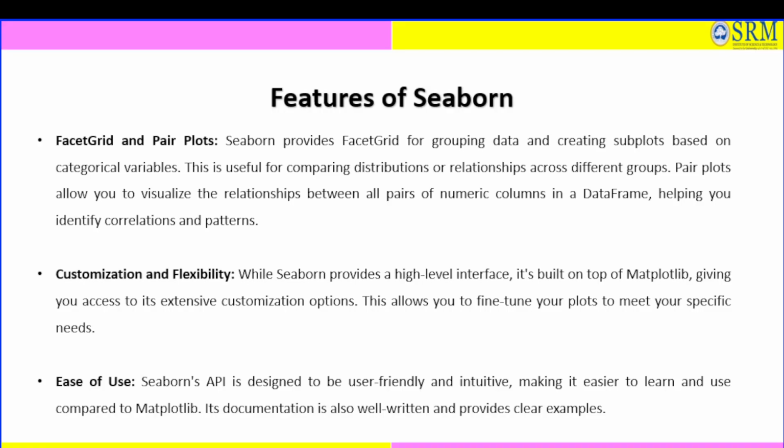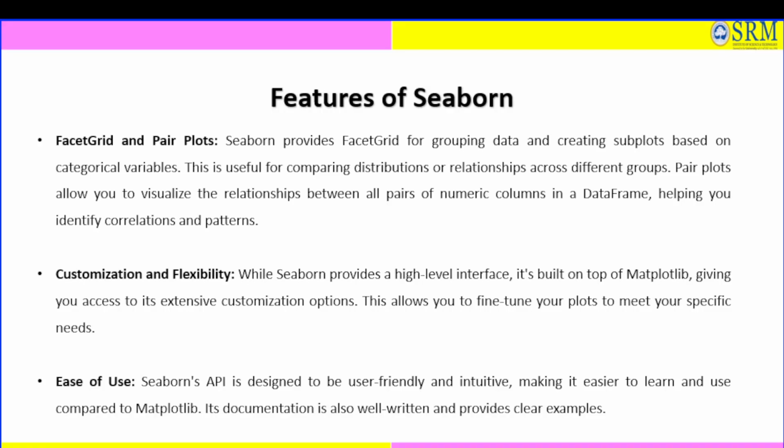We can find out the relationship, and to compare the distributions, we can go for these kinds of plots. Pair plots, as I said, help us visualize the relationship between all pairs of numerical columns in a data frame, and identify correlations and patterns.